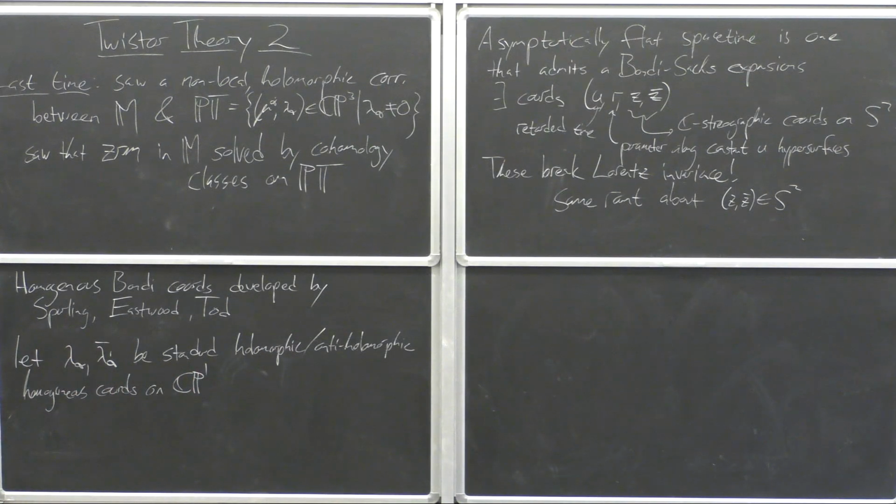For now, I know I've been saying in all the other lectures, let's complexify our lives away, do everything in the holomorphic category and not worry about signature. For the next little bit, I'm going to really stick to Lorentzian real stuff. So let's think of lambda bar as really being the complex conjugate of lambda. So this is just the holomorphic and anti-holomorphic coordinate system, a homogeneous coordinate system on CP1.